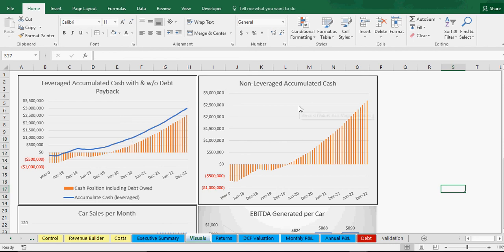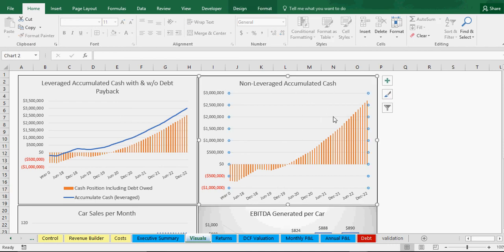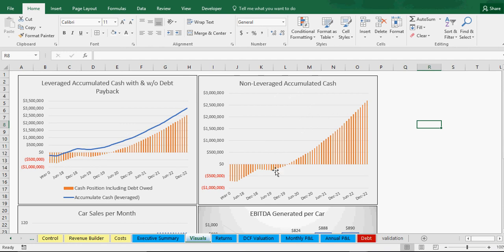Then we have our non-leveraged accumulated cash. So this is assuming a scenario where you're not financing anything. You're putting all of your own money up front, and then you're running the business. So this is what happens. You see break even around, again, late 2019, early 2020, and then you start really building up a cash reserve.